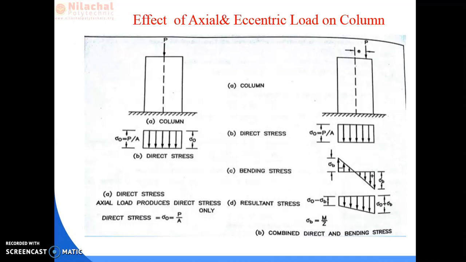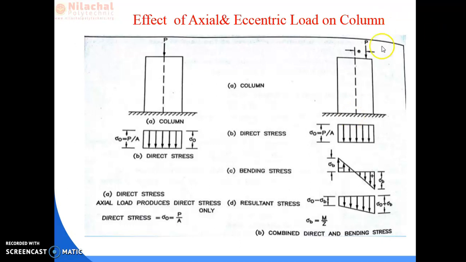So the cross section of the column is such that there is a bending stress produced at the right side and also the left side of the longitudinal axis. The load is applied along the right side, so there will be a maximum resistance given by the material, and a minimum resistance given by the left.